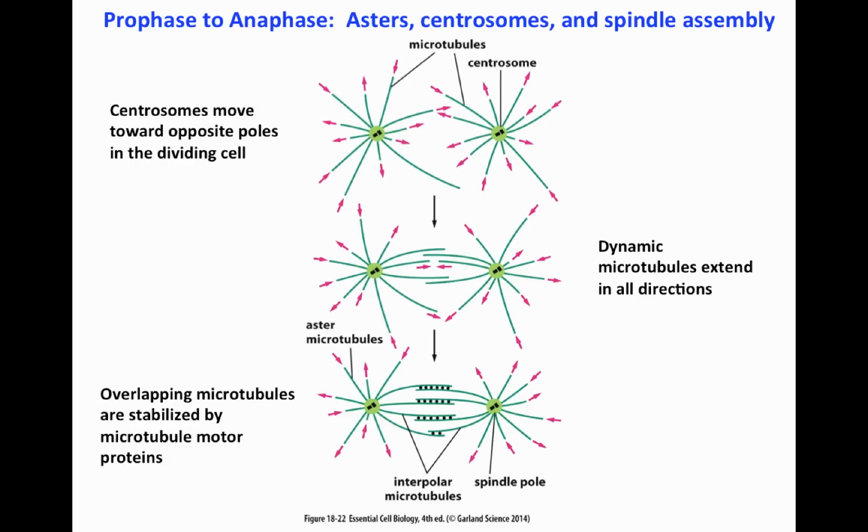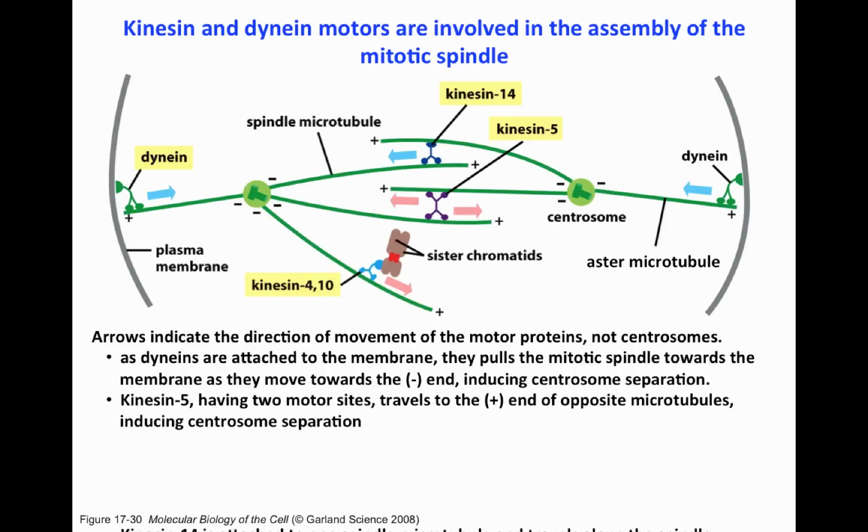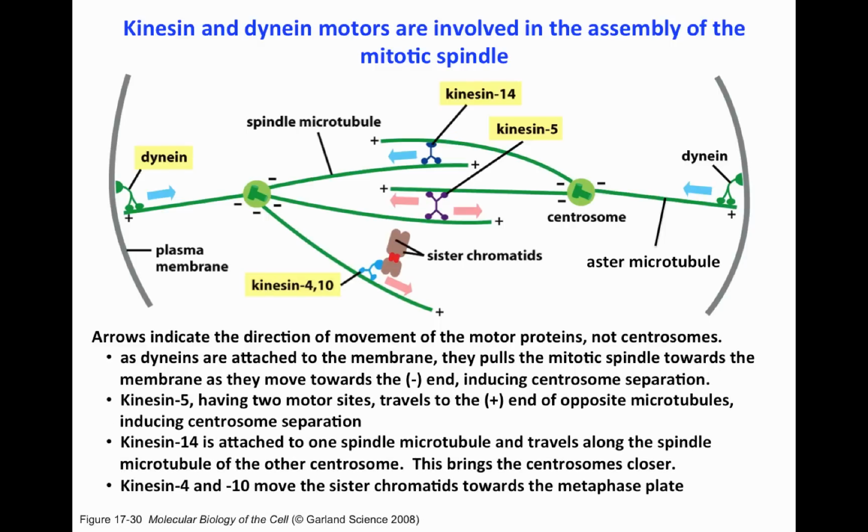So the ones in the middle that are interacting with one another and held in between the spindle poles are called interpolar microtubules. And the ones which are radiating from the other sides of the spindle poles are called aster microtubules. So here is a slide that is describing the different kinds of proteins that are interacting between the interpolar microtubules.